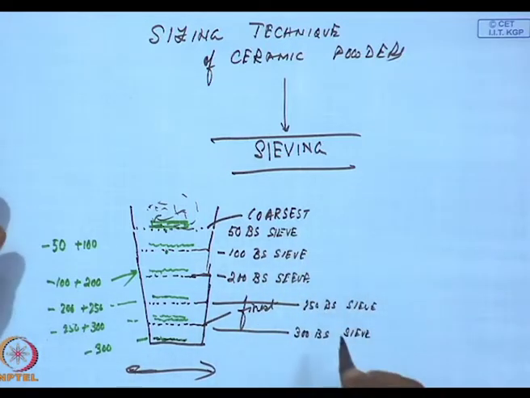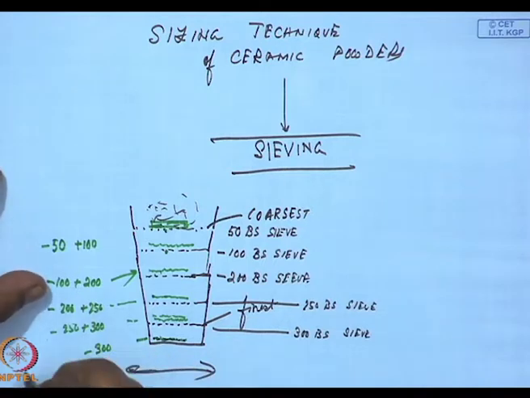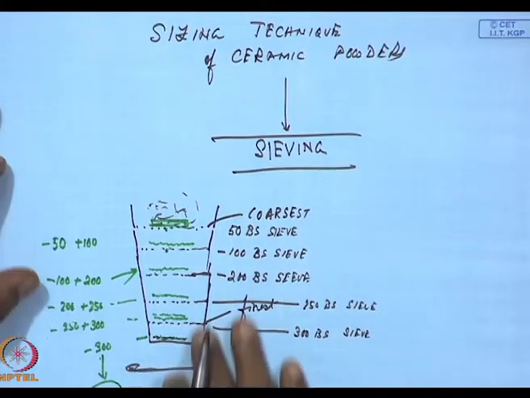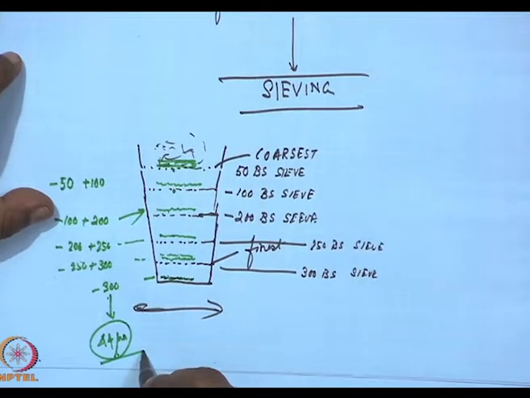Now, this 300 sieve corresponds to 44 micrometer. This is 44 micrometer.